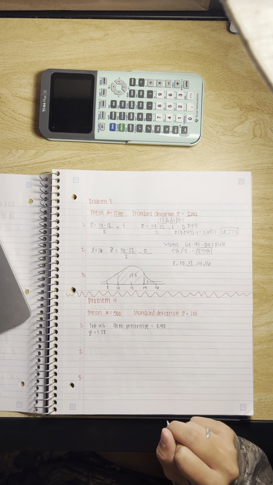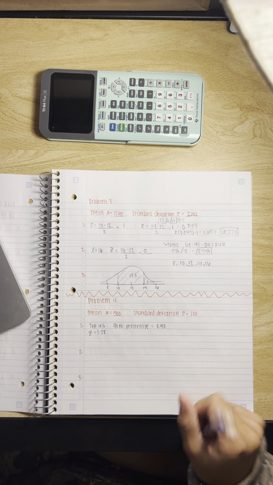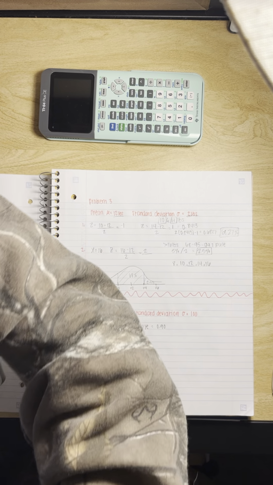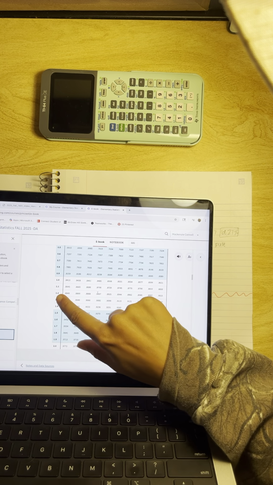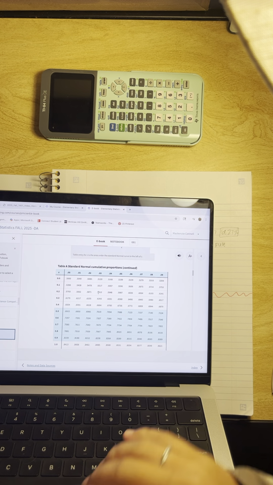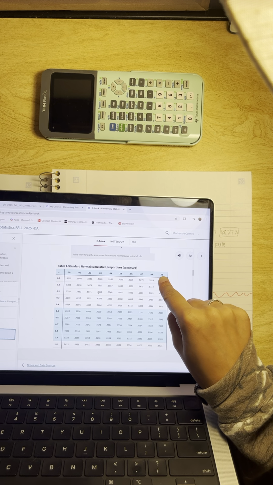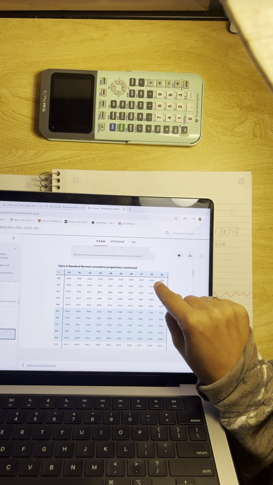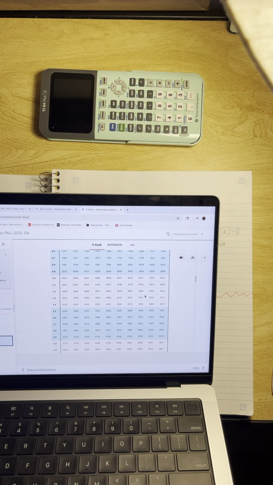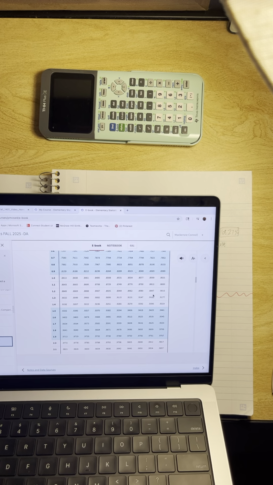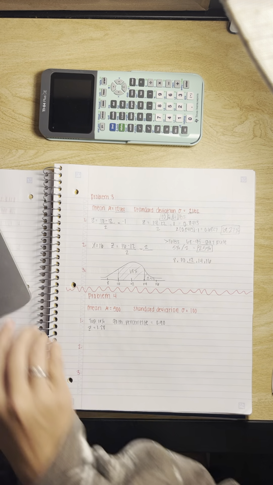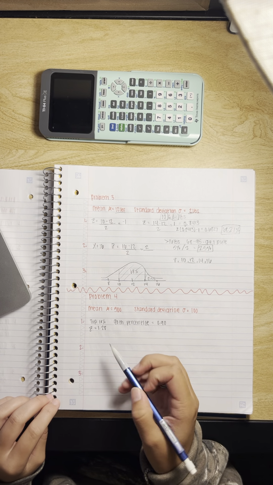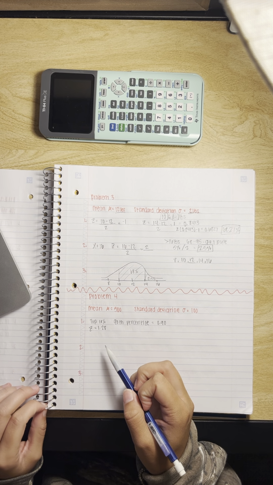We're trying to find the closest value to 0.9. It's 1.2, and if we go up, 1.28 is closest, with 9 and 8. So we know that Z is 1.28.